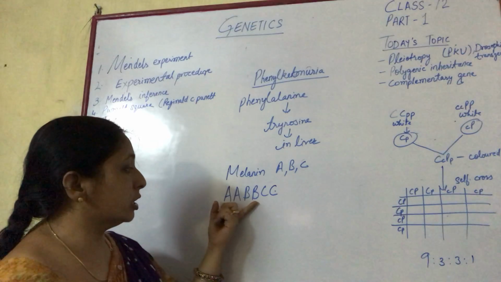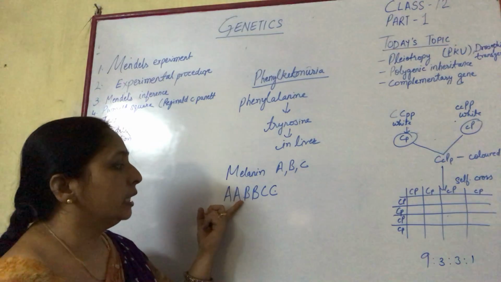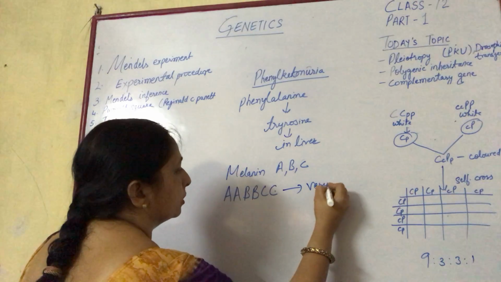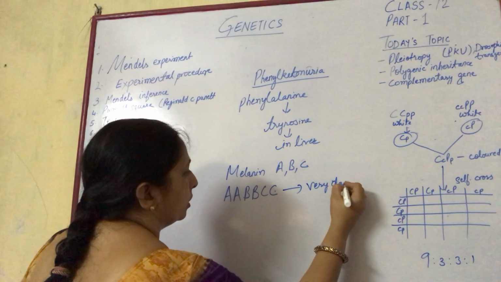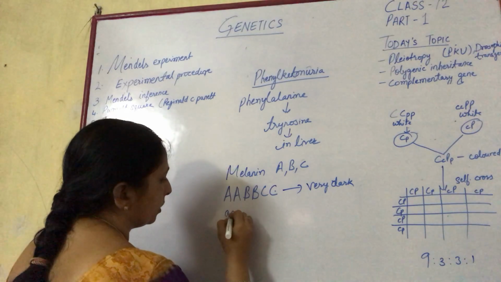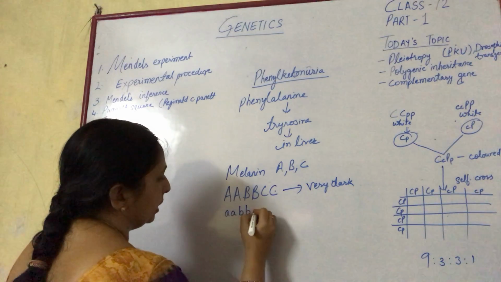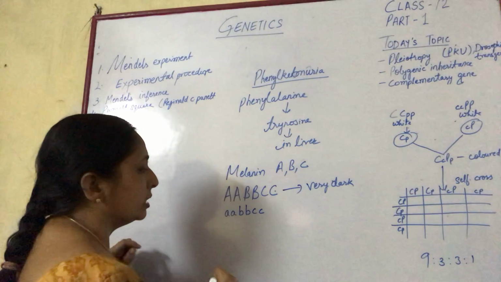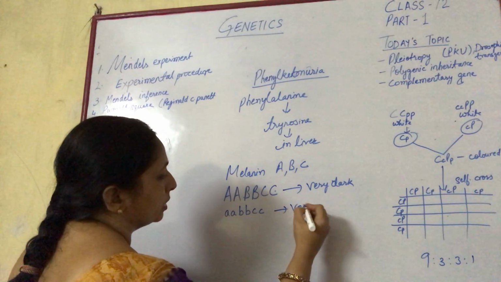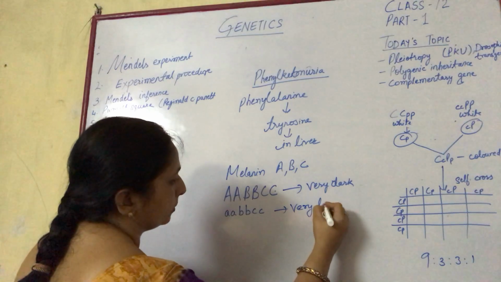a homozygous dominant condition, then the color is very dark for the person. If the alleles are in a homozygous recessive condition, then the skin color is very light.